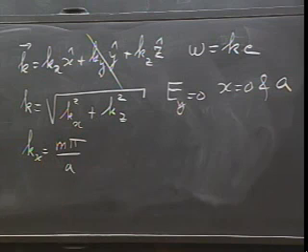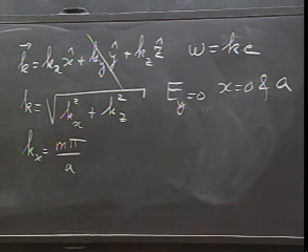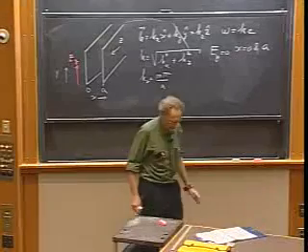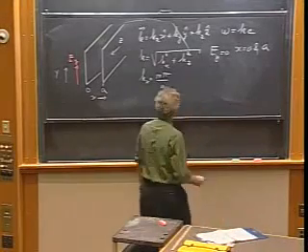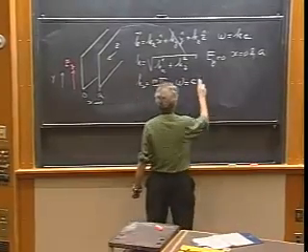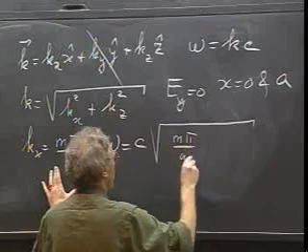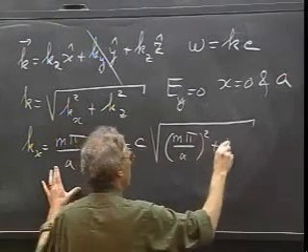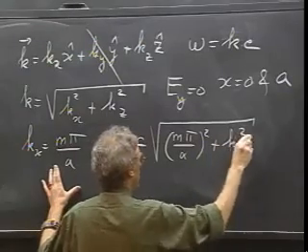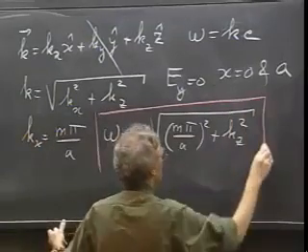If you then have your wave, substituting for kx, this value will always give you the sine of kx times x, always a 0 here and always a 0 there. And so omega will then be c times k, so it is c times the square root of (m pi over a) squared plus k of z squared. And this is what we call the dispersion relationship.